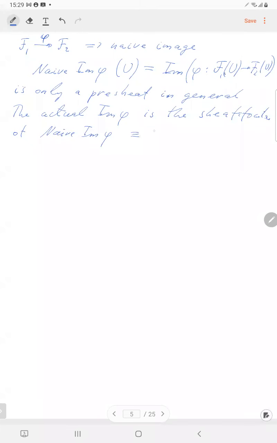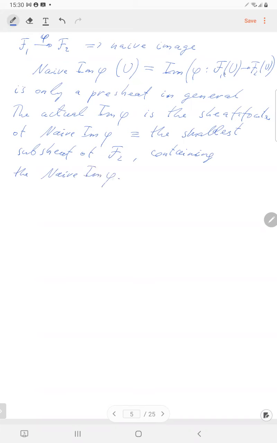And again, this is the smallest subsheaf of F2 containing this naive image.